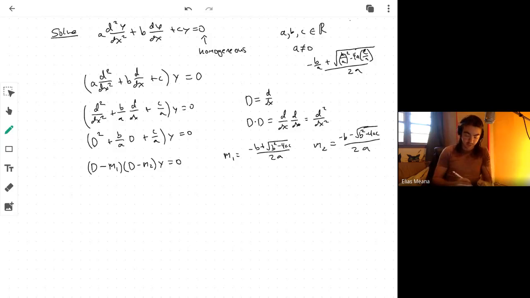Or not 2a, it would just be 2, right? And so what you're going to get is a factor of 1 over a on the numerator. This is going to be equal to 1 over a times minus b plus the square root of b squared minus 4 times a times c, over 2, right? So it's the exact same formula. Make sense, Javier?